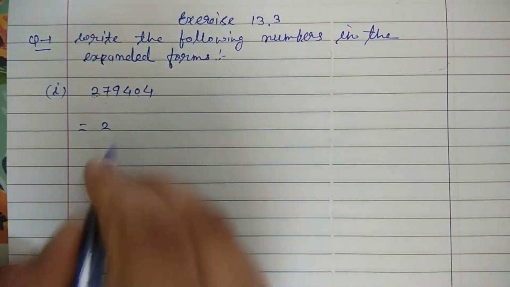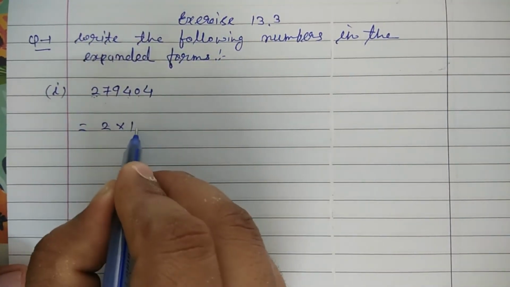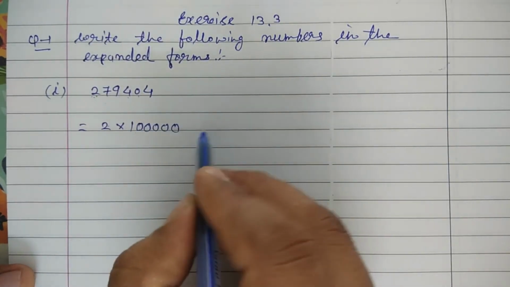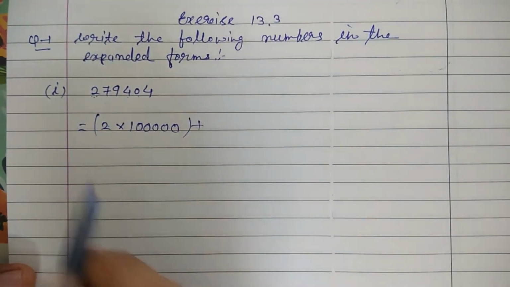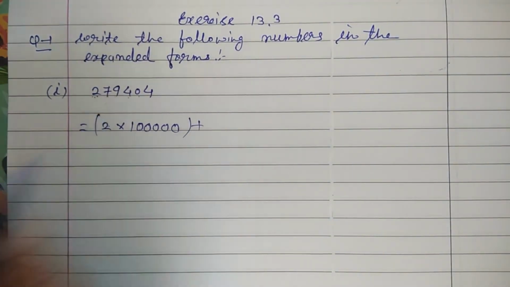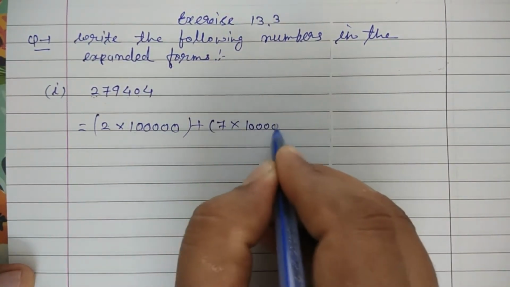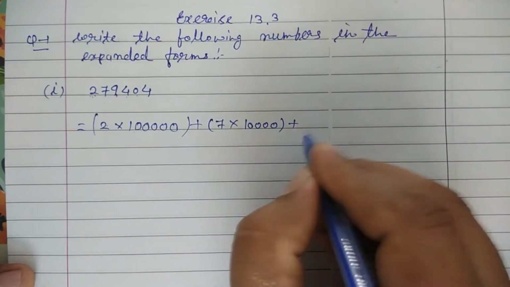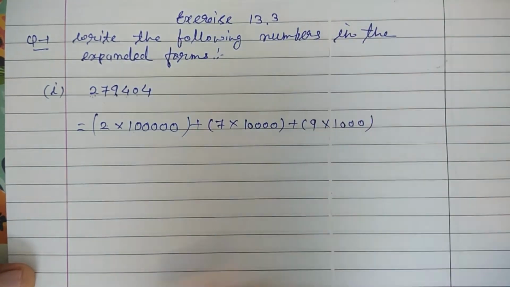lakh. So it is 2 multiplied by 1 lakh, plus then 7, it is at 10,000 place, so we can write it as 7 multiplied by 10,000. Then plus this 9, it is 1000 place, so we can write it as 9 multiplied by 1000.